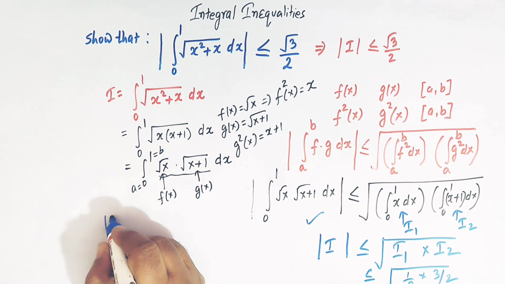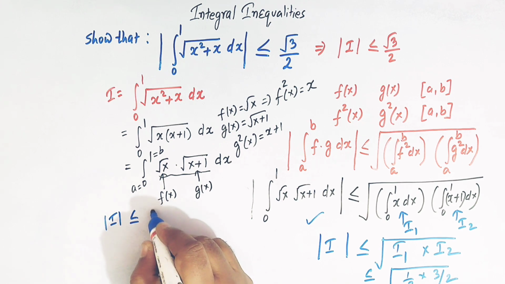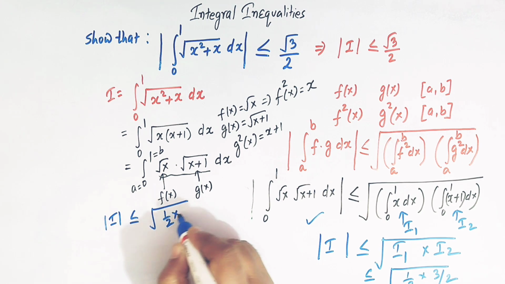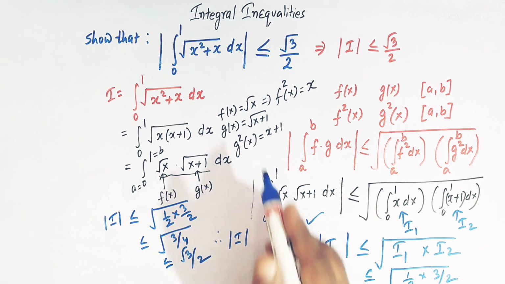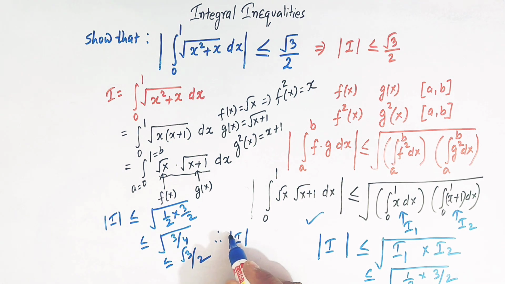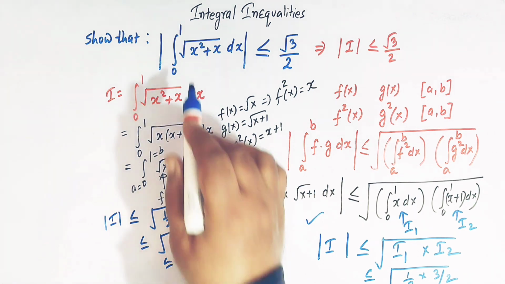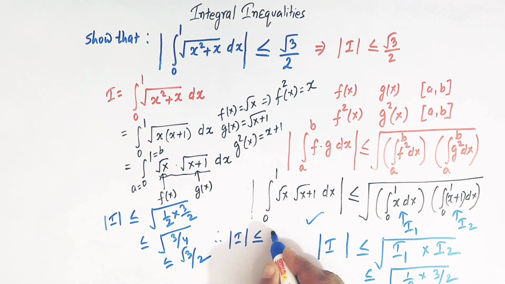So mod of I is less than or equal to square root of half multiplied by 3 over 2. So this is square root of 3 over 4, that is square root of 3 over 2, since the square root of 4 is 2. So this is how we have obtained this inequality, that is, the absolute value of the integral I is less than or equal to square root of 3 divided by 2.